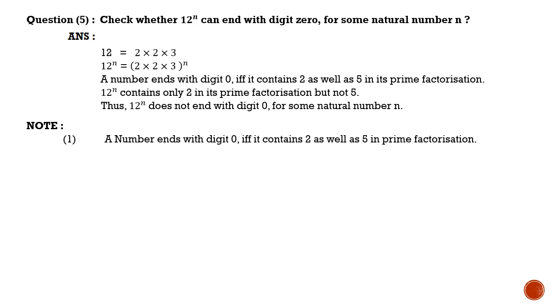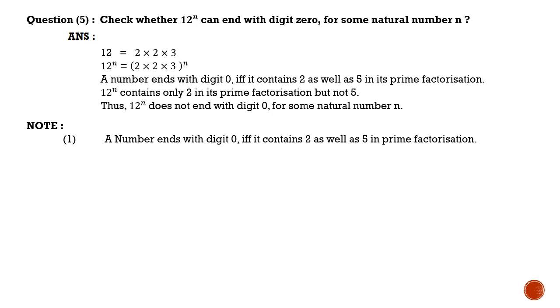Sometimes they may ask you to check whether a number is ending with digit 5 or not. So when a number will end with digit 5, if it contains at least one 5, doesn't matter what are the other numbers, but it should contain at least one 5 in its prime factorization and not a 2. It should not contain 2. Getting it?